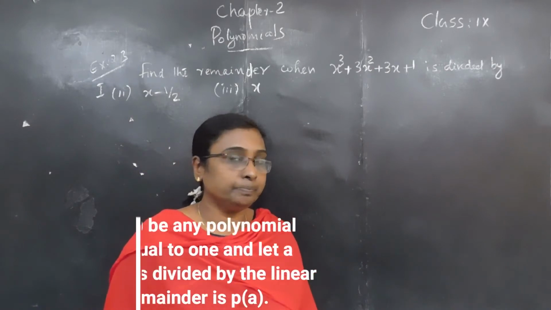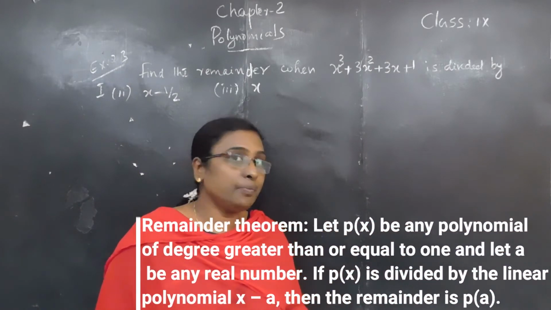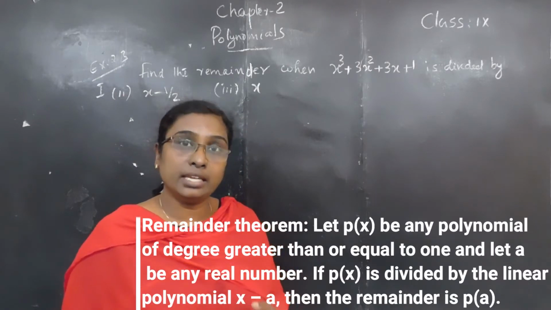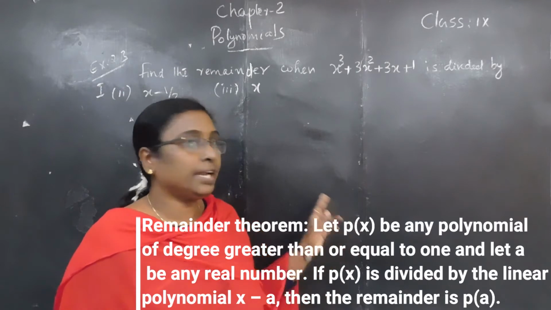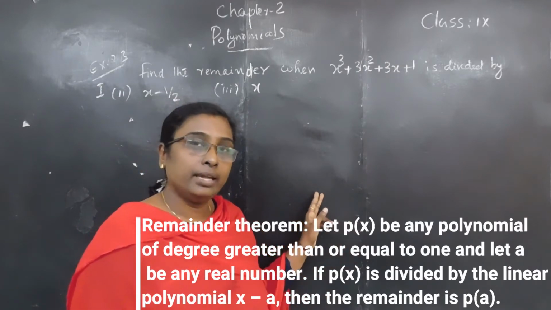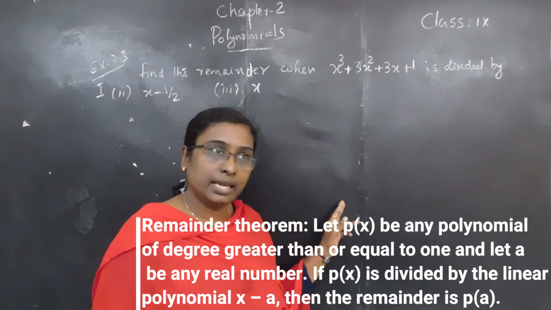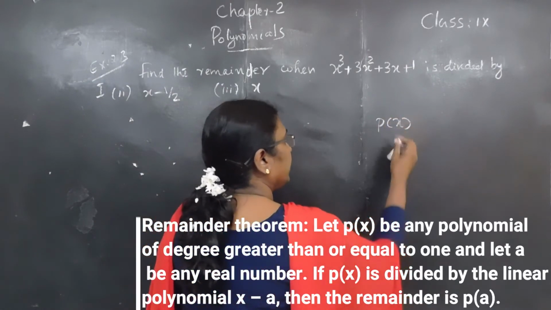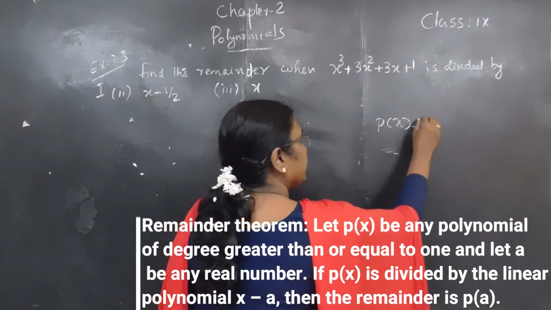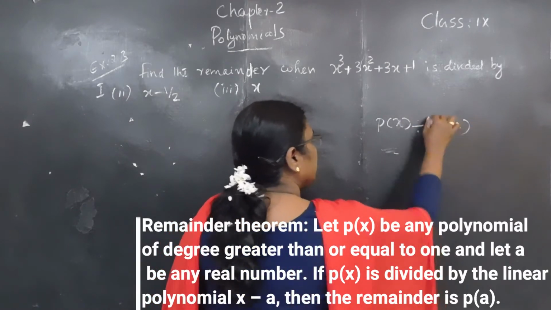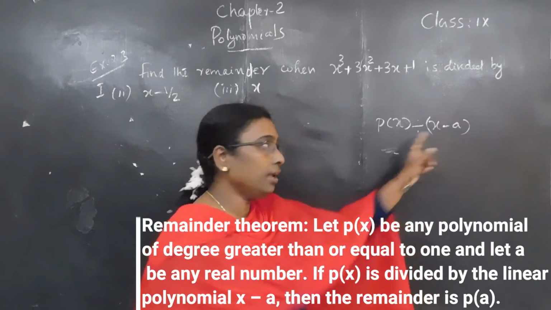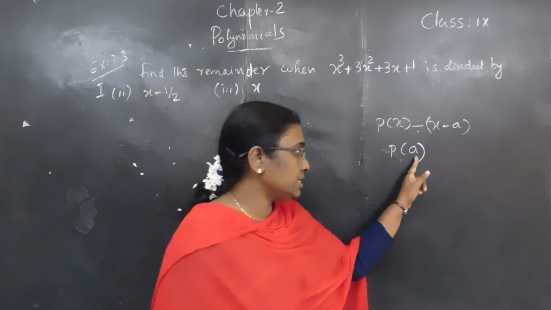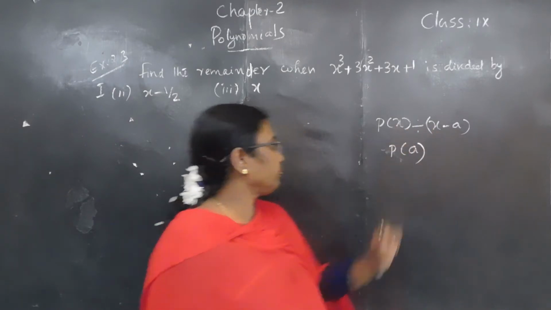State the remainder theorem: if p(x) is any polynomial of degree greater than or equal to 1 and a is any real number, if we divide p(x) by the linear polynomial x minus a, the remainder is p(a). Here a is the 0 of x minus a.